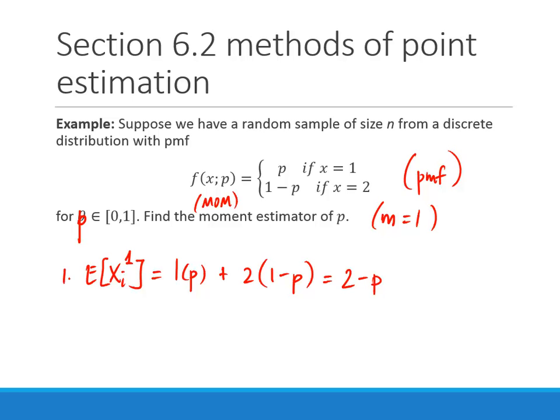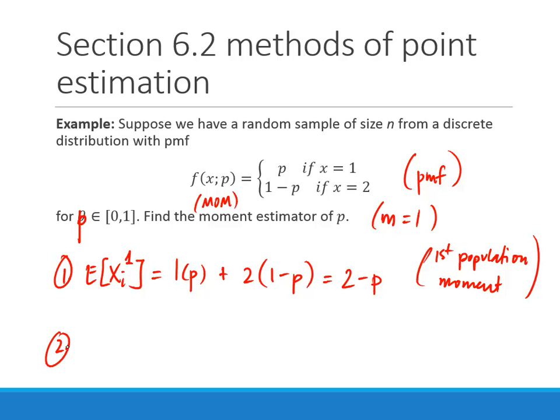Okay, so this is my first population moment. And note that it involves the parameter that I'm trying to estimate there, right? So it's something to do with p there.